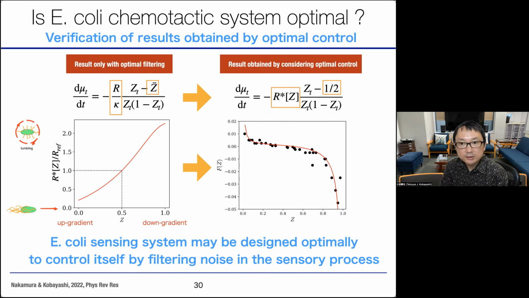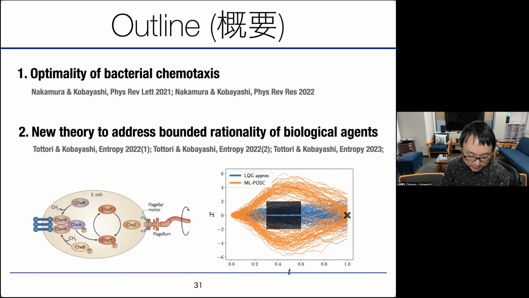Okay, so this is the first part of the first topic. And the second topic was motivated by the result of this one. The E. coli chemotactic system is one of the simplest sensory systems.